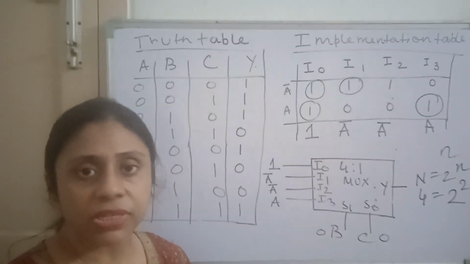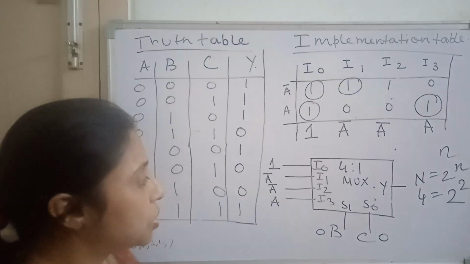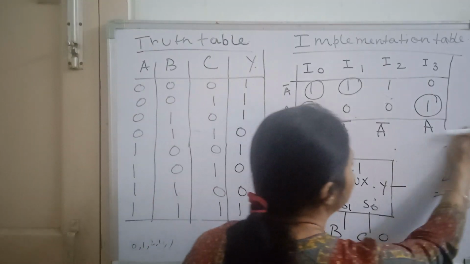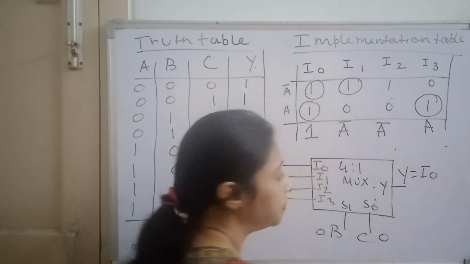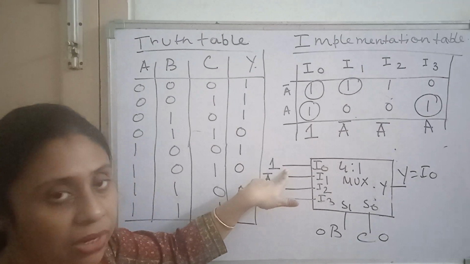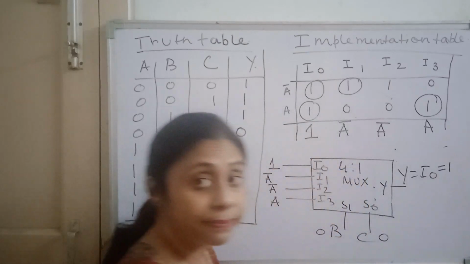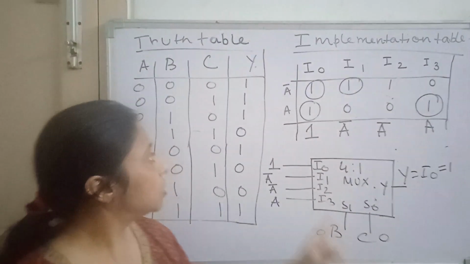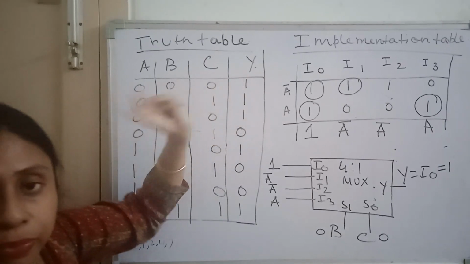For 0, 0 at the select lines, I0 will be selected. So Y should be equal to I0. And what is there at I0? Logic 1. So what is the output? The output is 1. Right? See, the output is 1 for the 0, 0, 0 input.